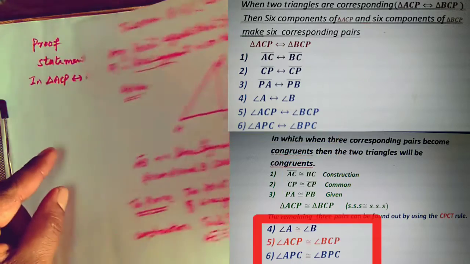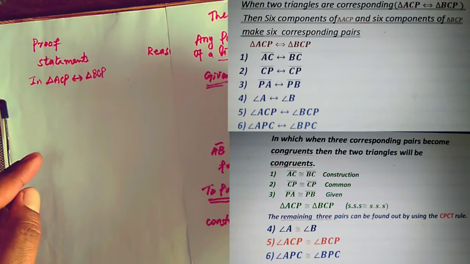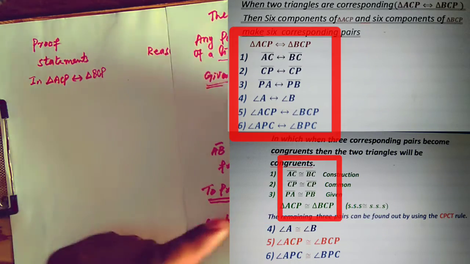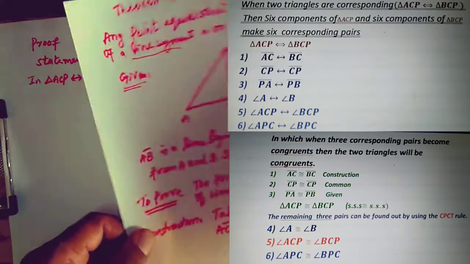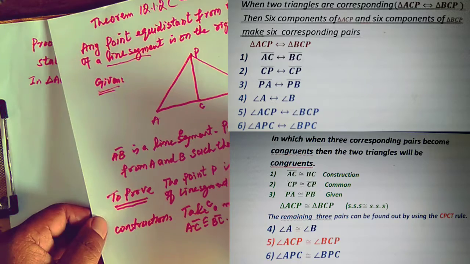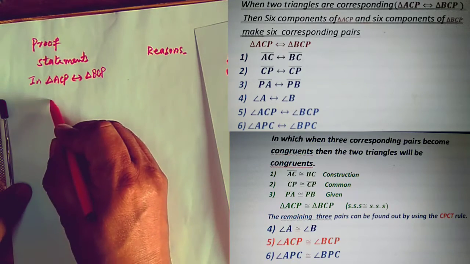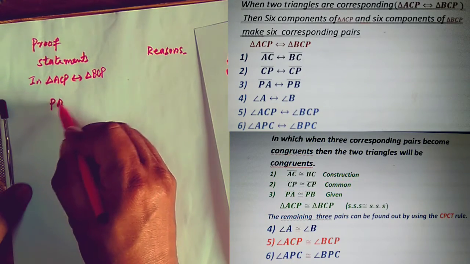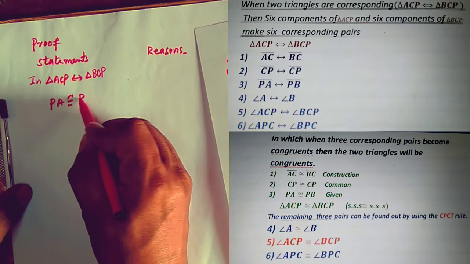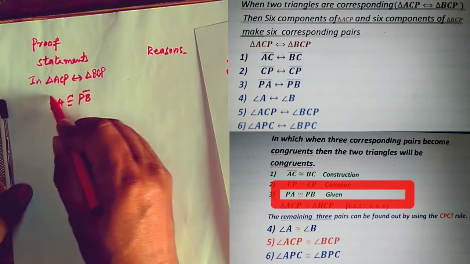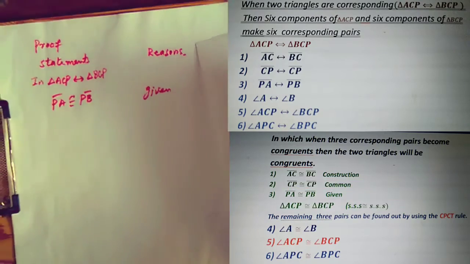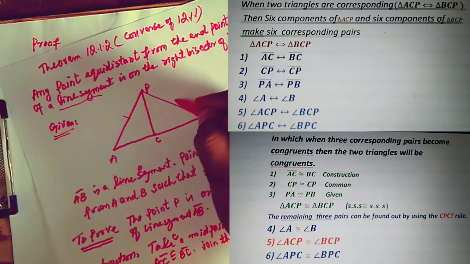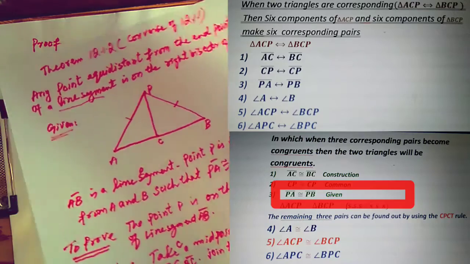So firstly we have to find the 3 pairs which make the two triangles congruent, in which one pair is present in the given: PA and PB.